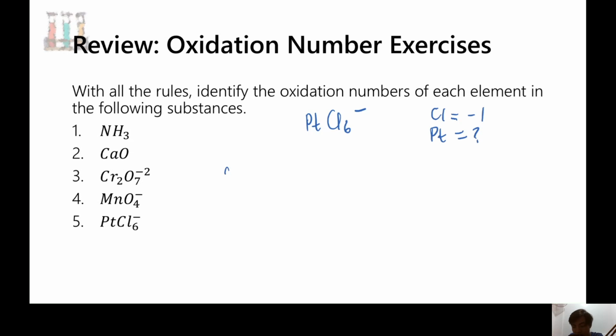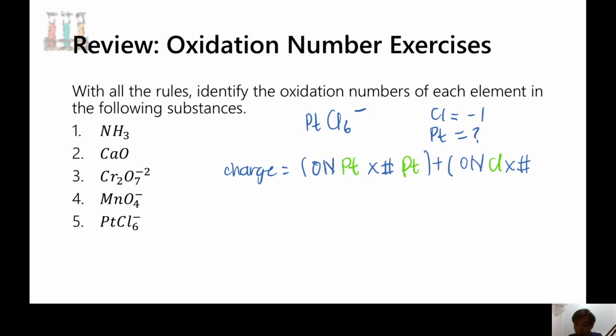Okay, so let's solve for the charge. So let's construct the equation. Charge equals the oxidation number of platinum times the number of platinum atoms, plus the oxidation number of chlorine times the number of chlorine atoms.